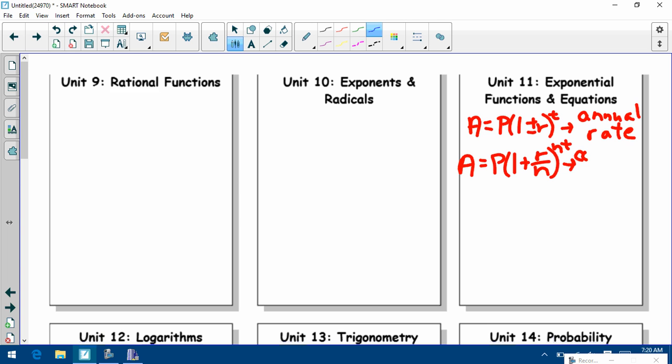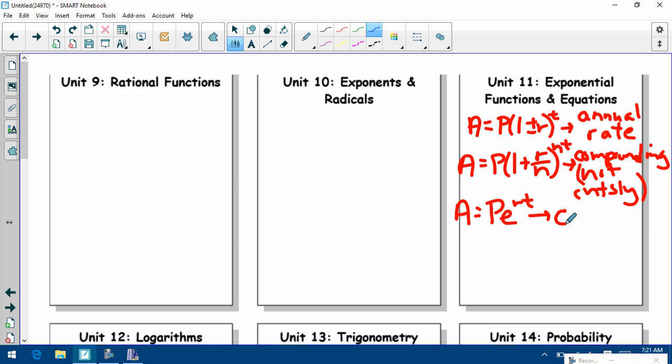That's for compounding, not continuously. Then we've got A equals P e to the RT. And that's when you see the word continuously.